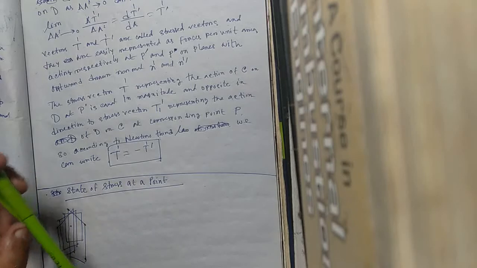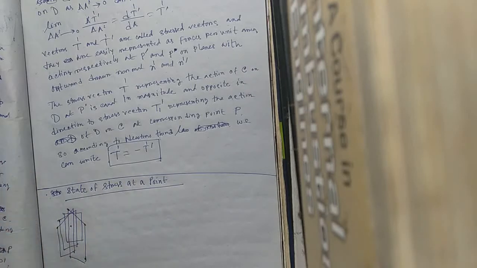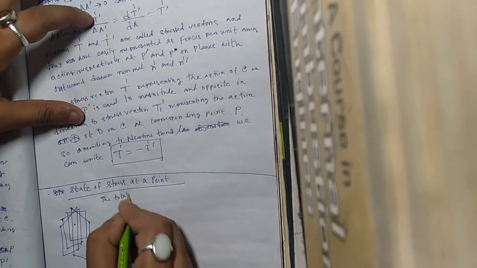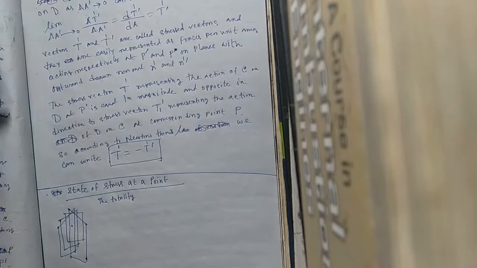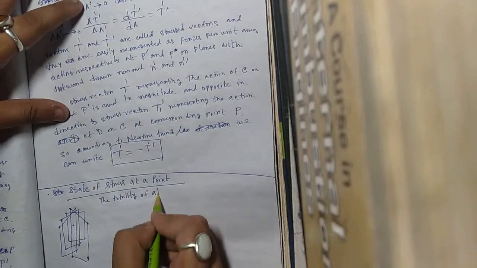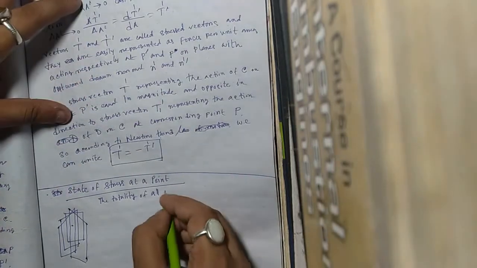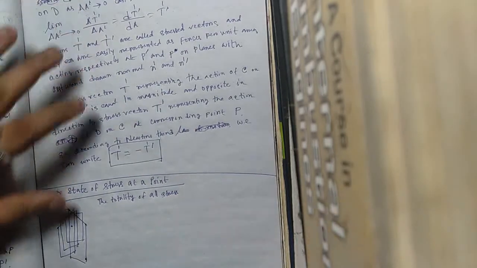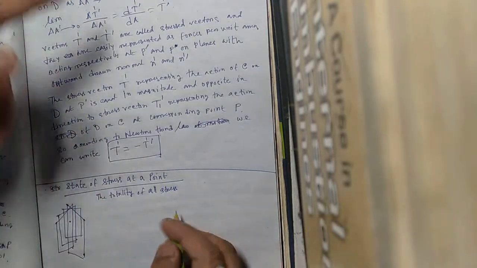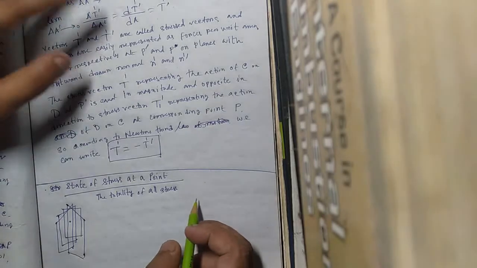The totality of all stress vectors acting on every possible plane passing through the point is defined to be the state of stress at a point.